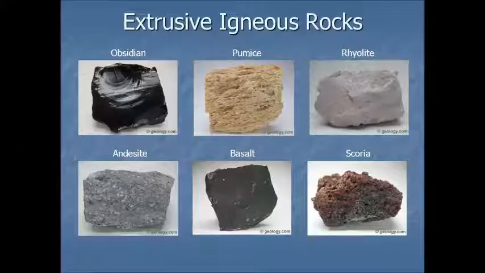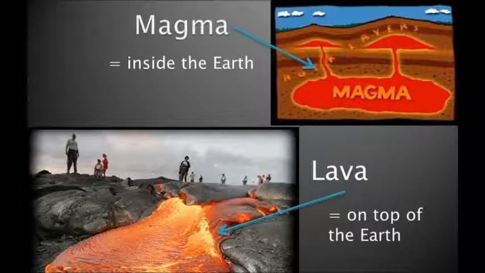These rocks are generally fine grained or glassy because lava, after reaching the surface of the earth, cools and solidifies quickly. Examples for extrusive igneous rocks are basalt and anthracite. The rock material in the liquid or molten state is called magma, and when it comes out from the earth it is called lava.